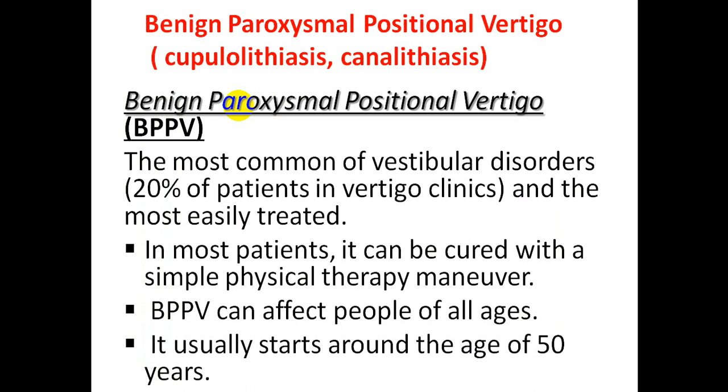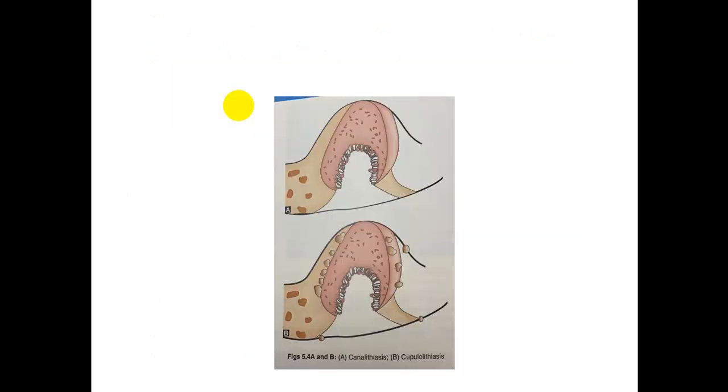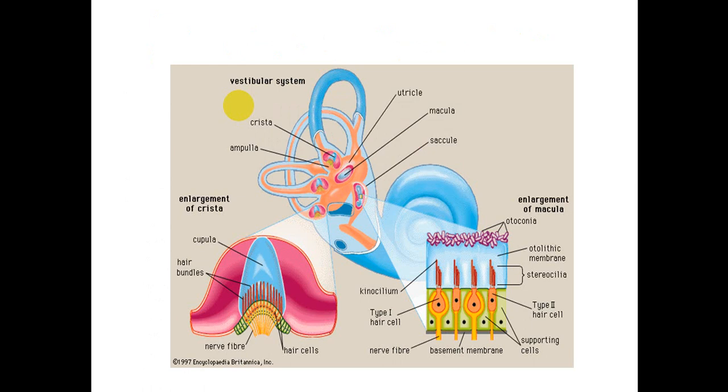Benign paroxysmal positional vertigo, or cupulolithiasis or canalithiasis, is the most common cause of peripheral vertigo. It constitutes about 20% of patients in vertigo clinics. What is the pathology and pathogenesis of benign paroxysmal positional vertigo?